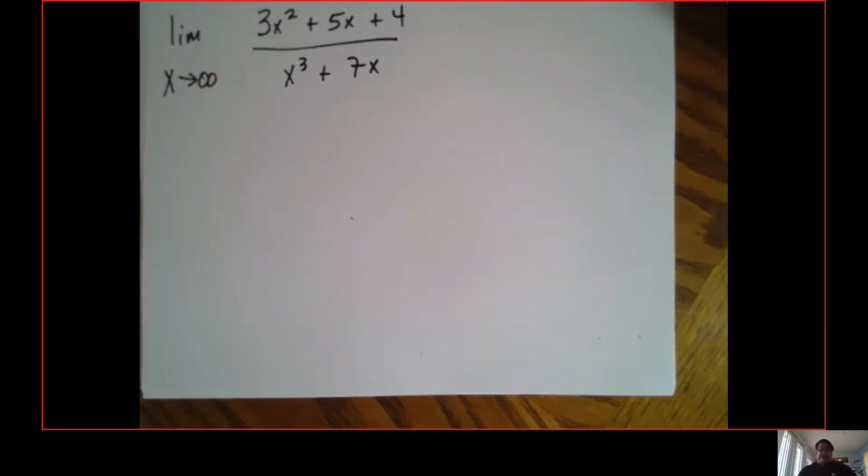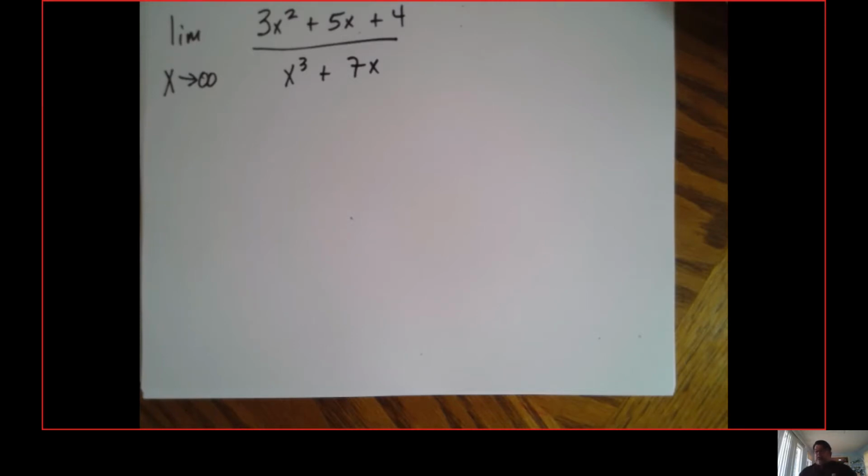Now, in this case, you do have the denominator being more. Now, you could apply the second theorem and mark out the rest.